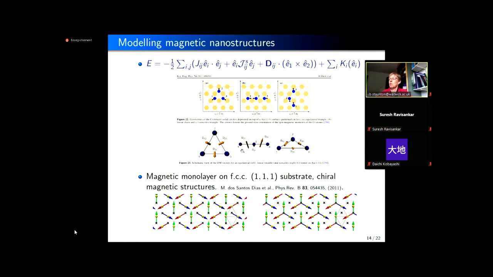On the bottom, I show some work from Manuel dos Santos Dias, me, Laszlo Szunyogh and colleagues a few years ago now, where it's the same sort of formalism, but he was looking at putting a manganese monolayer on an FCC substrate.